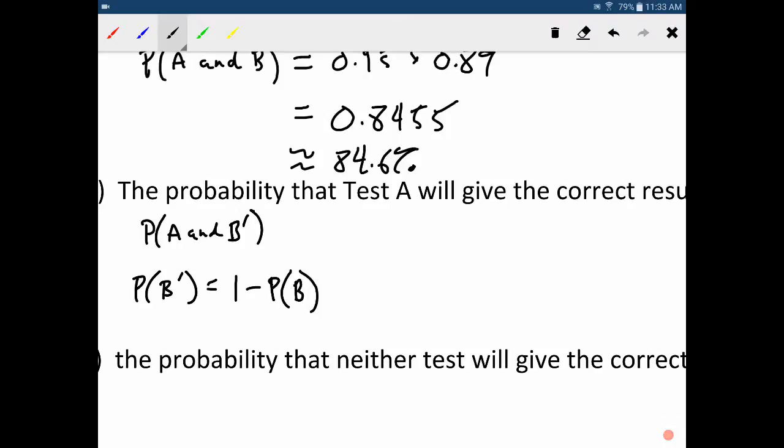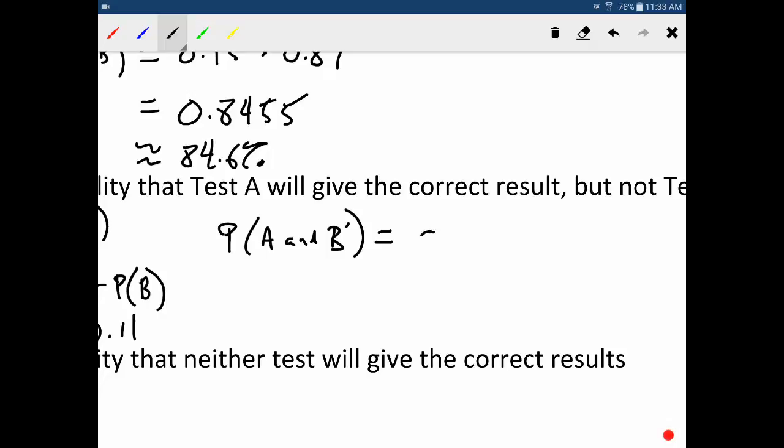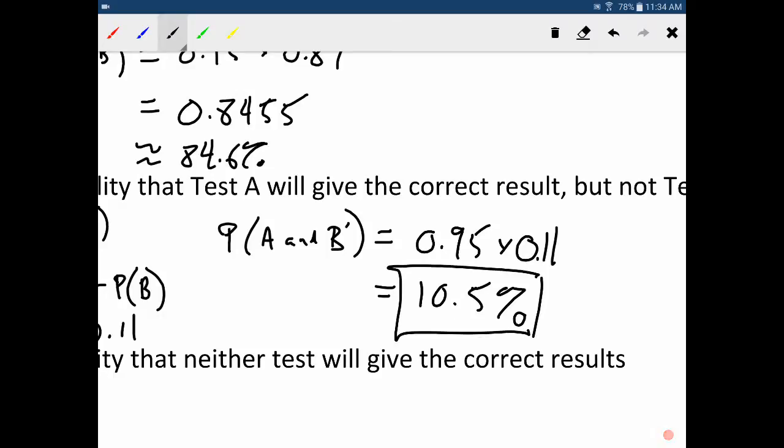Because it was an 89% chance that test B would be correct, that means we'll have a 0.11 or 11% chance that B will not be correct. So the probability that A is correct and B is incorrect is going to be 0.95 times 0.11, and that works out to be 10.5%.